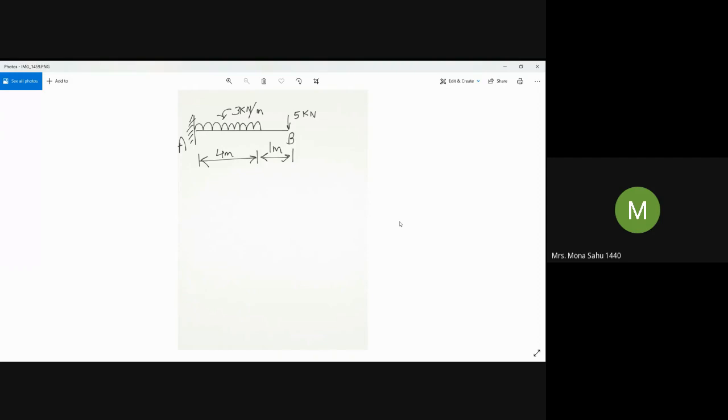First, try to calculate the SFD. You guys also solve. So at B there is a point load, so we're gonna take after B and at B.